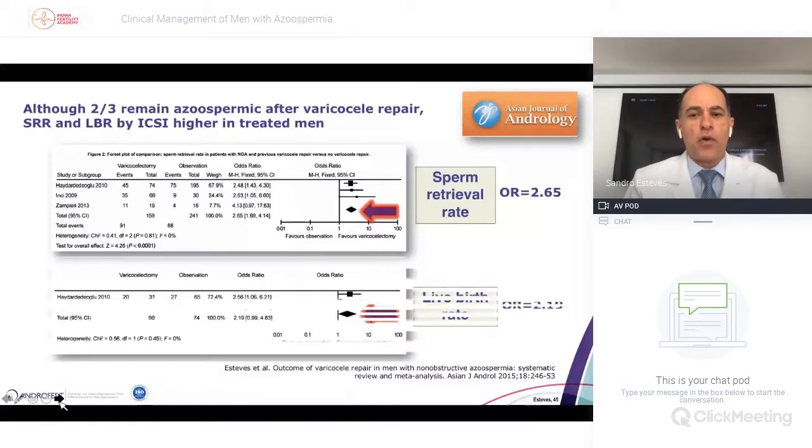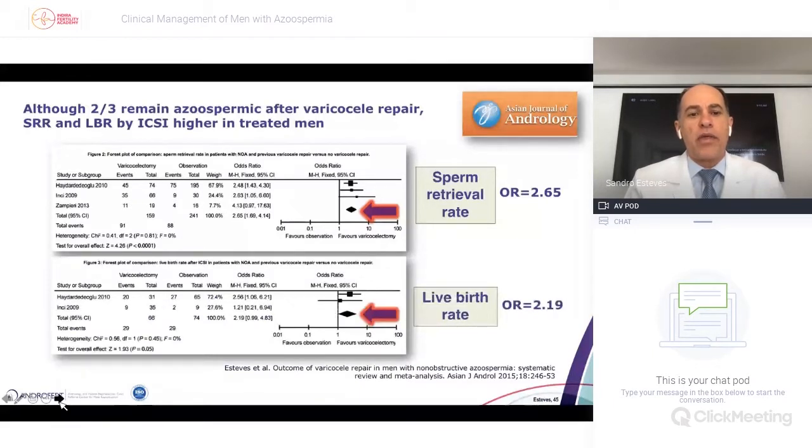Also, only 2 studies in this case reported live birth among patients treated compared with those patients without the varicocele treated, in which sperm retrieval was performed and live birth by ICSI were compared.